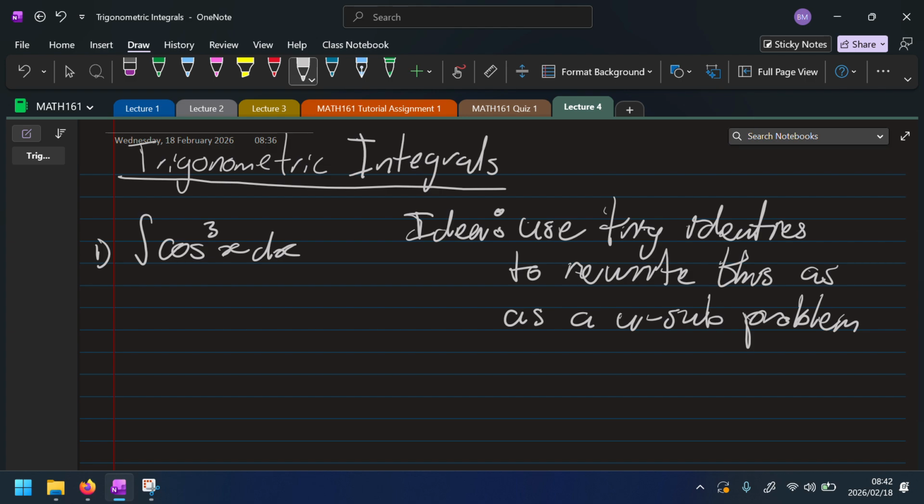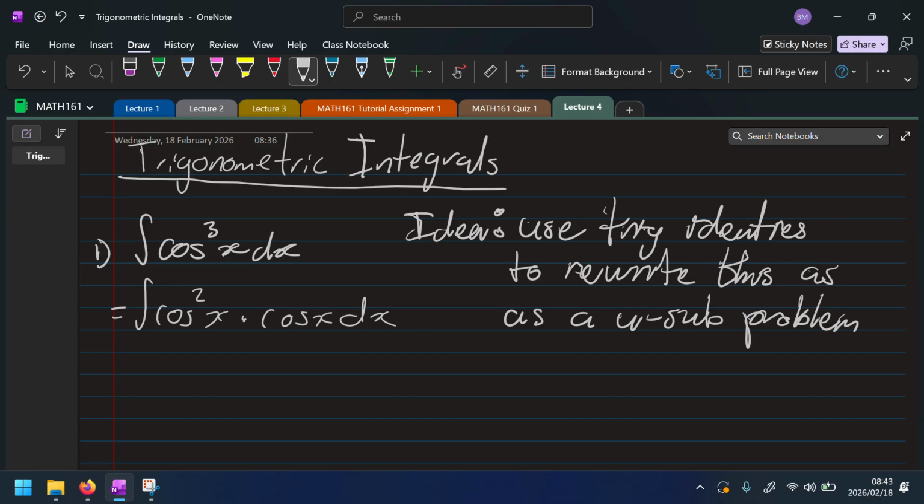We want to rewrite it in such a way that we can do a u substitution. I'll show you what to do for this first one, and then we'll try to work out what the pattern is. So this is going to be equal to cos squared x times cos x dx.